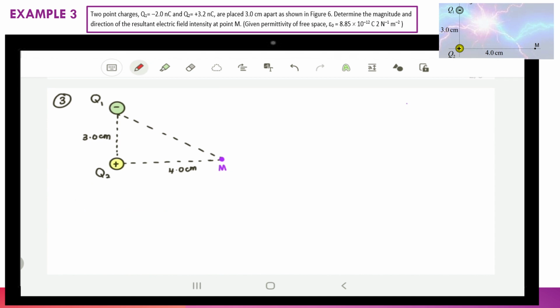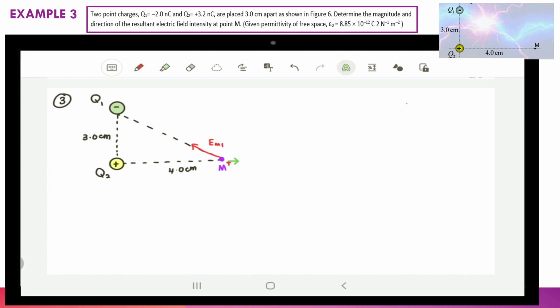On point M, let's say this is positive. So positive, negative. Look at here, we have positive, negative. So the direction of the electric field at point M due to the first charge is in this direction. Attracted to Q1. So I will put EM1.